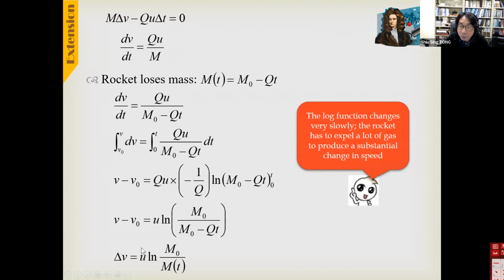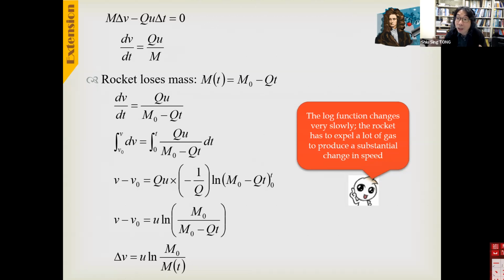It may give you a value of only 2 or 3, a number that's order 1. So the delta V will not be very large. So delta V will be at most several times the fuel ejection speed u, which is not much. So that's why it is very difficult to accelerate a rocket.